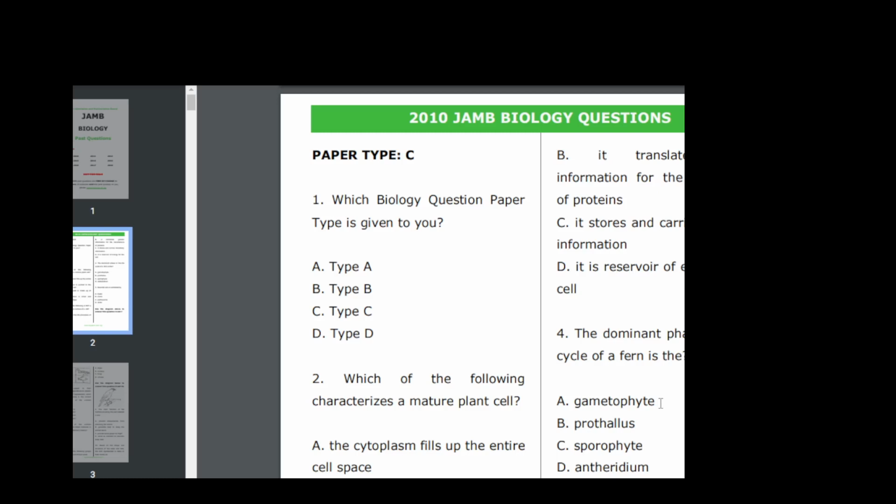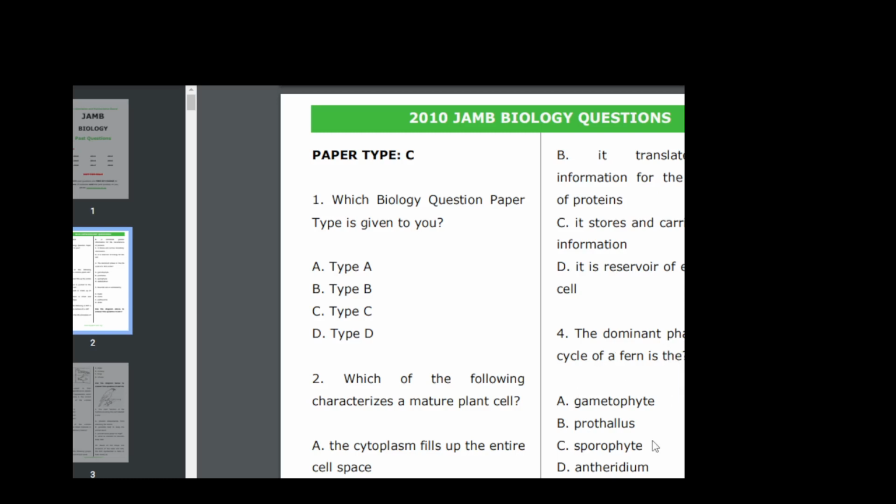But the sporophytes are well adapted to dry conditions, like we have in the ferns. So that is the dominant phase in the life cycle of a fern.